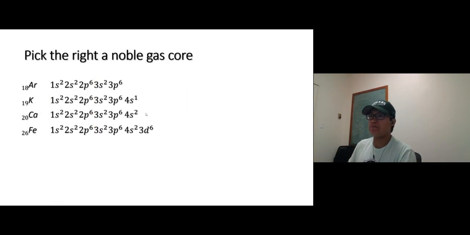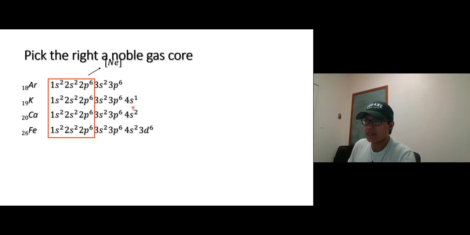This is simple. All right, now we have to pick the right noble gas core. If you look at this, this is the neon core, right? But if you go to a larger atom, the electron configuration is getting longer and longer.